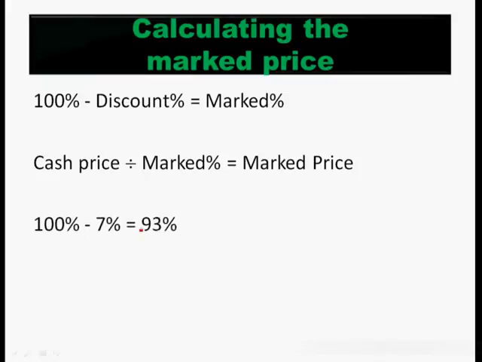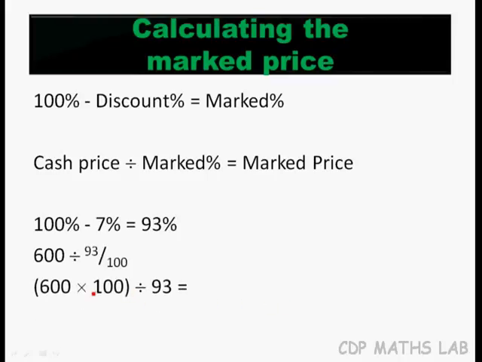Now, see, 7% from 100% is equal to what? 93%. Then now, we're going to say 600 divided by 93 percent. Good? So the marked percentage will be used to divide the cash price. And then 100 times 600 gives us what? $60,000.